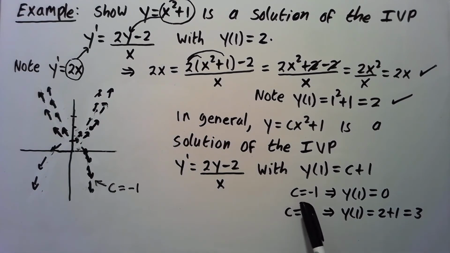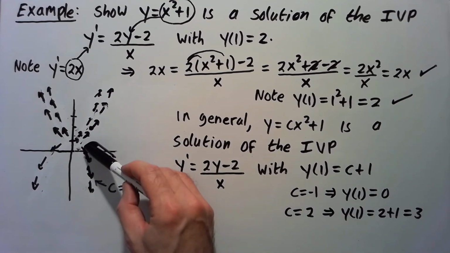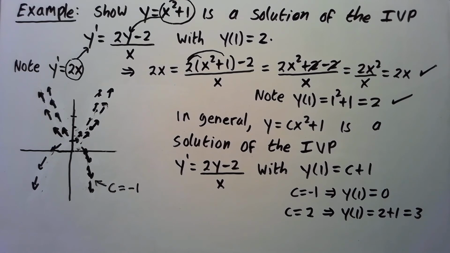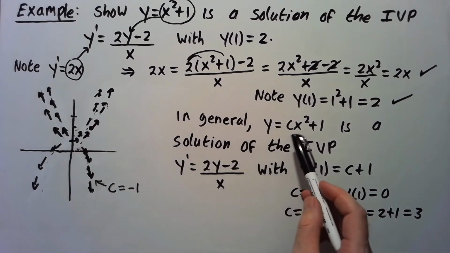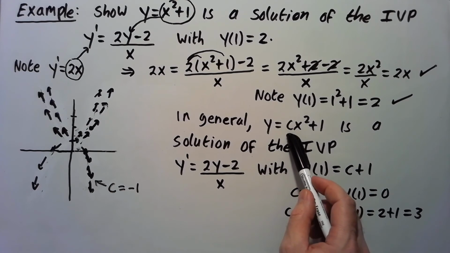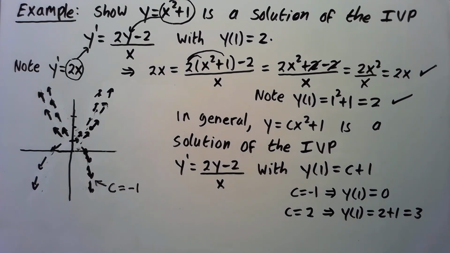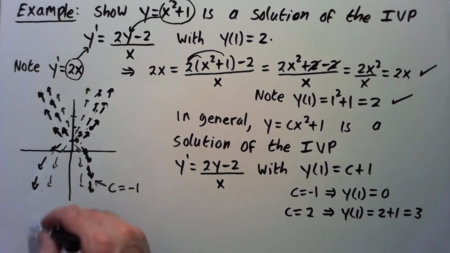And y(1) equal to 0, it'd be here, this one down here. So in general, you'd have an infinite number of solutions because c can be an infinite number of things here. So let me draw in a few more tangent lines. So drawing in a few more.